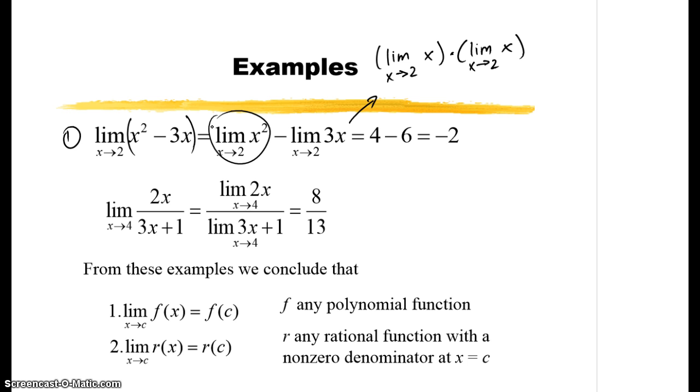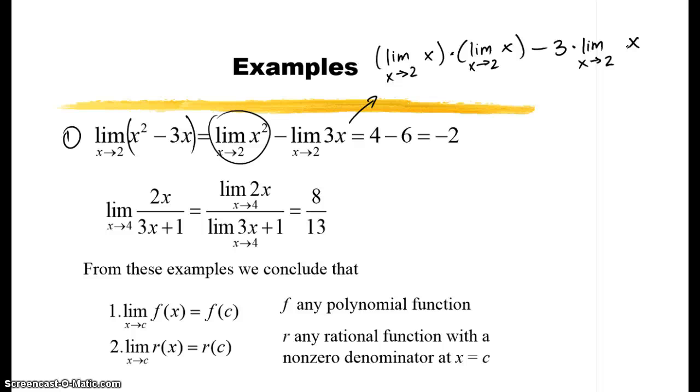Now for the second limit, we have a constant times a function, 3 times x. So we could write this as minus 3 times the limit as x approaches 2 of just x, using the constant times function property, right? This was property 5. Okay, so with that in mind, let's see, what could we do next?